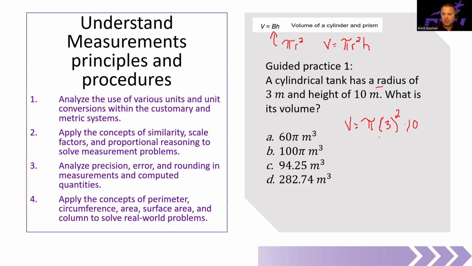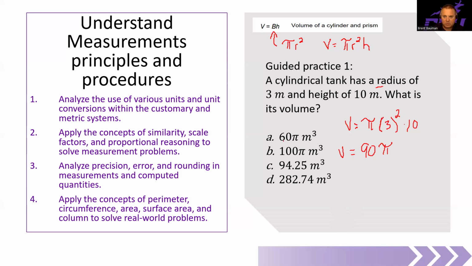So 3 squared is 9, times 10 is 90 pi. We have volume, and then we look at our answers.